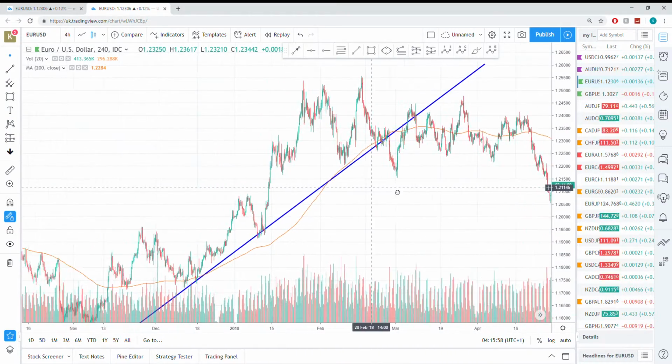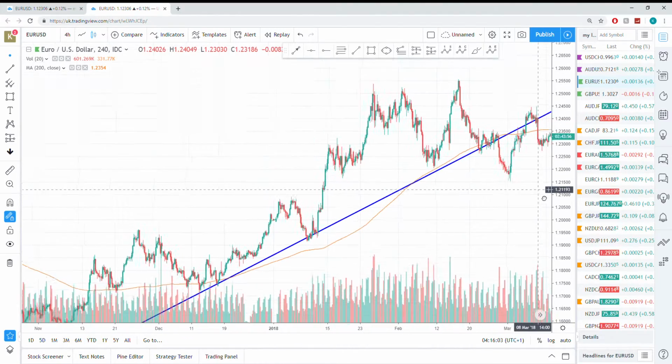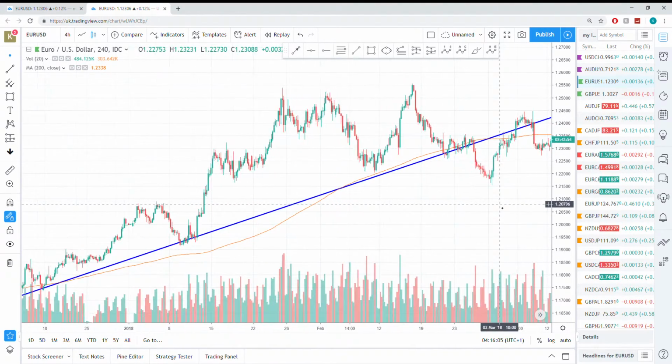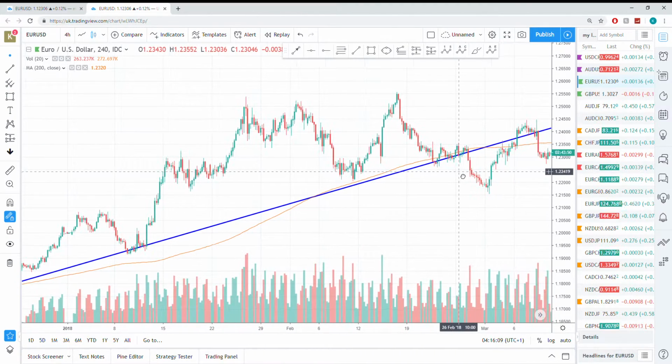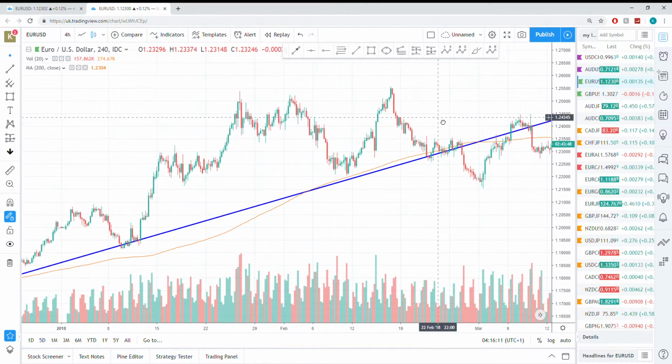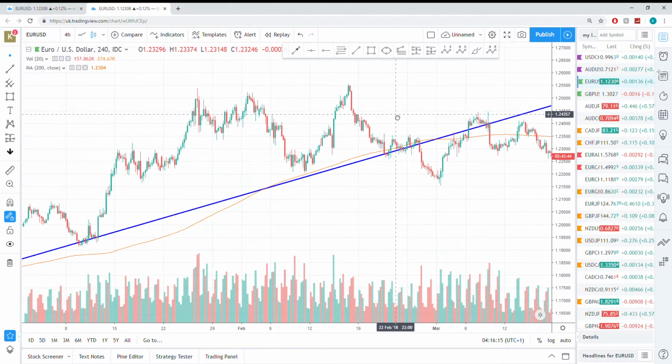find an engulfing candle. Let's just put this into action. So this one right here. If we see this, we could say that it has to bounce off the EMA for whatever reason.